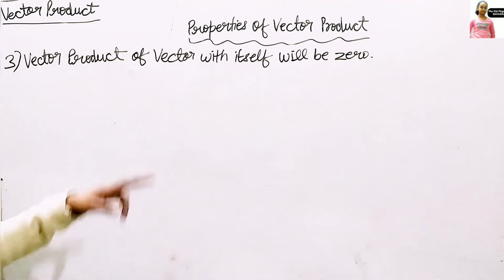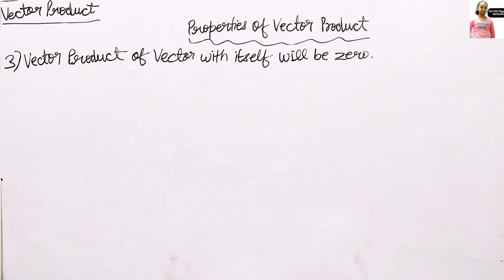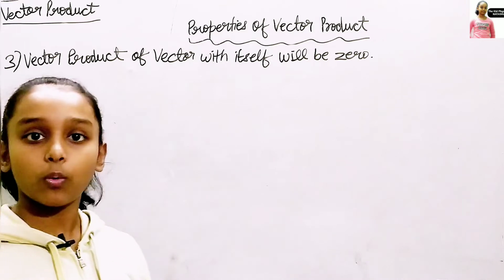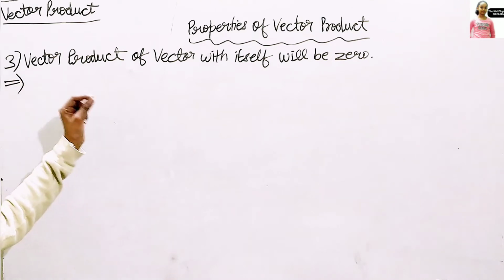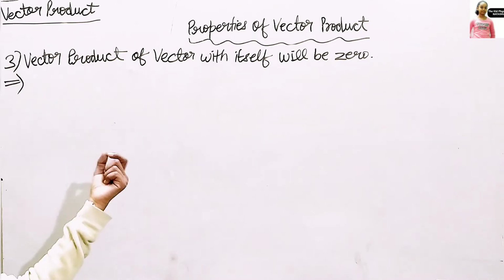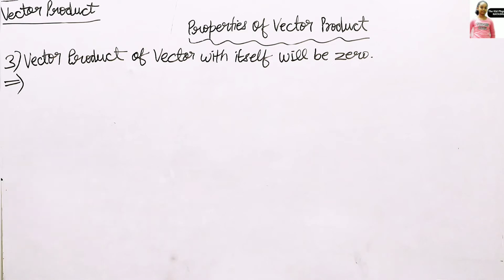So let's see, this one is correct. This one is more perfect than the previous statement. Got it? So what is it saying? It is saying that when we do the vector product of a vector with itself, we will always get 0. Let's see how.